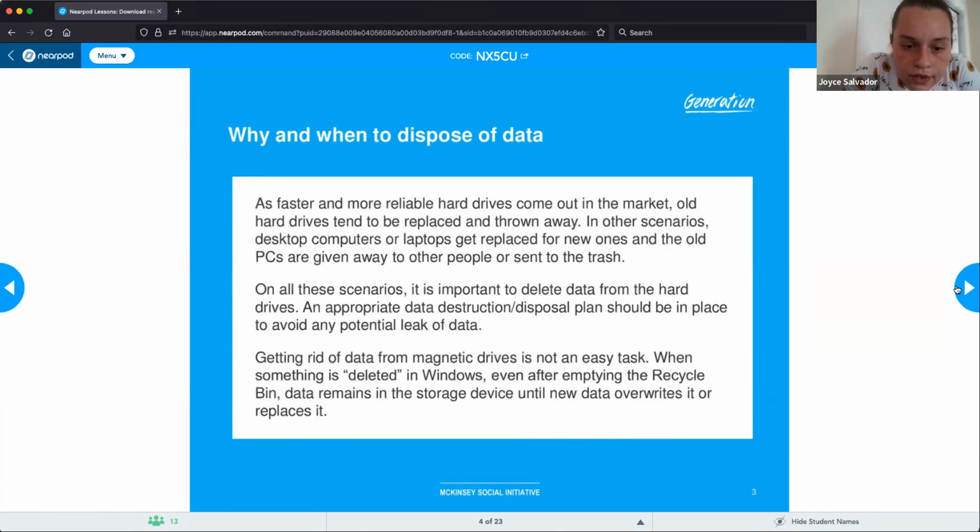In all these scenarios, it is important to delete data from the hard drives, and an appropriate data destruction disposal plan should be in place to avoid any potential leak of data. Getting rid of data from magnetic drives is not an easy task. When something is deleted in Windows, even after emptying the recycle bin, data remains in the storage device until new data overwrites it or replaces it. Thank you.